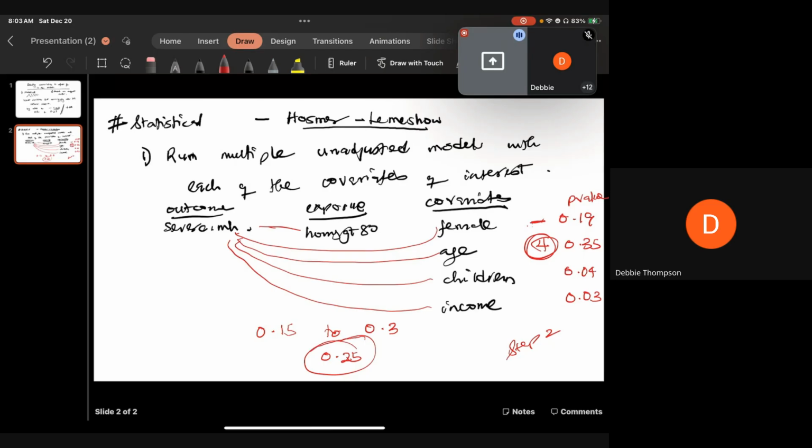Assuming that we're using 0.25, which is what I typically use. Anyone want to guess? Children and income. Children, yeah, income. How about female? Yes, exactly, female as well. So essentially it's only age that will not move to the next step.